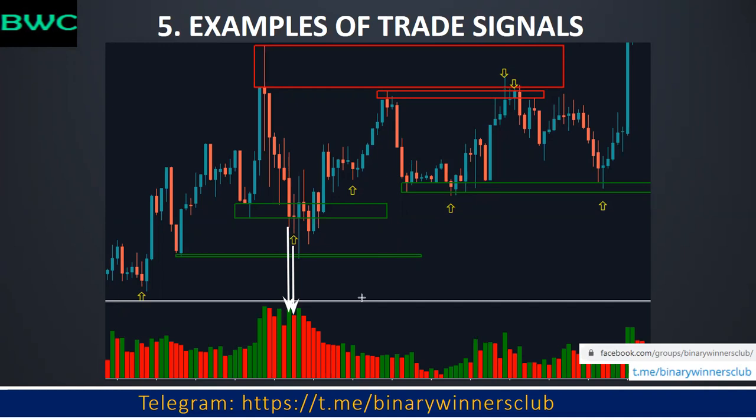This is a very big candle with this kind of volume. This is a very tiny candle. Look at the body, very small, with almost the same volume as the previous candle. That's what we call an anomaly. Anomaly at support and resistance or demand and supply areas causes a reversal, and you see that happening. Okay, so you can use volume.